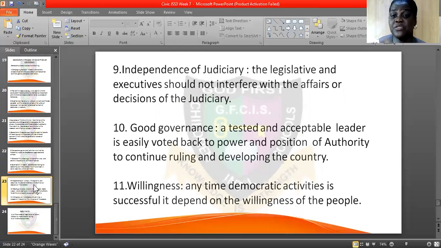Then independence of judiciary so that they can make right calls and right judgments, good governance, willingness.